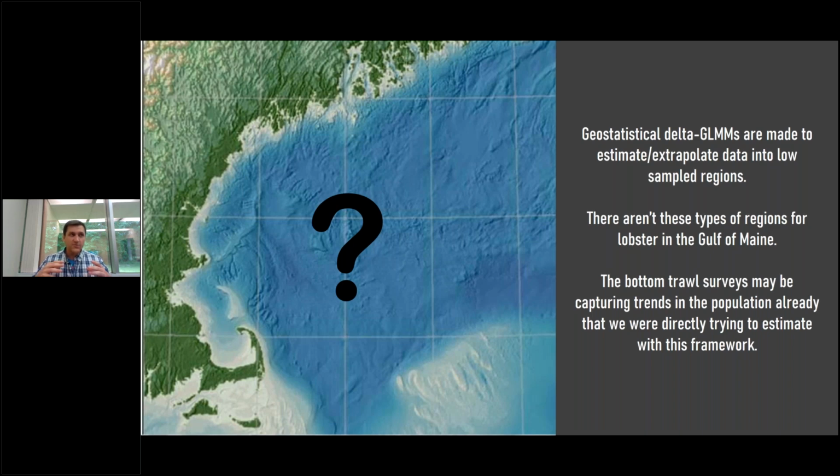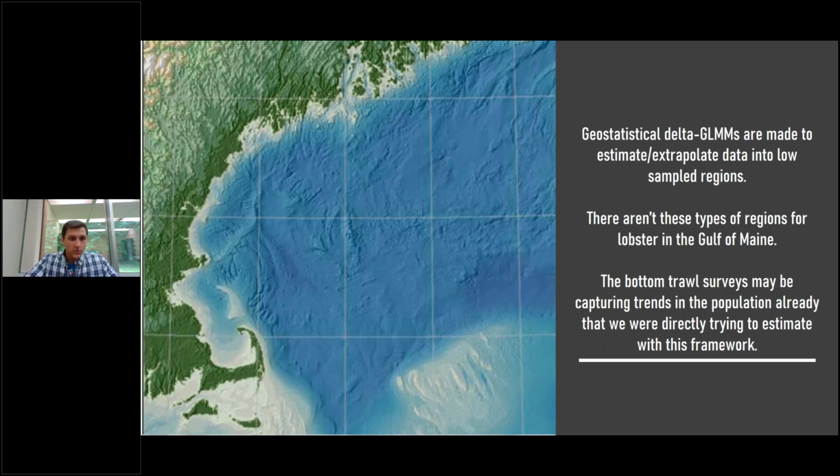They're meant to sort of fill in gaps in the data. But with lobster, there's not that many gaps to fill in, which brought us to the following conclusion, that the bottom trawl surveys in the Gulf of Maine may be capturing trends in the population already that we were directly trying to estimate with our Delta GLMM.